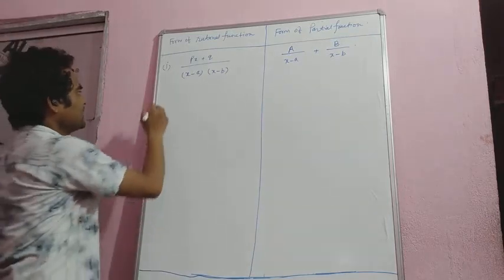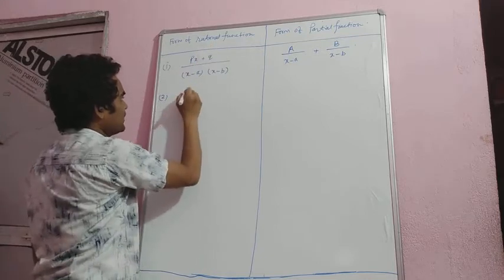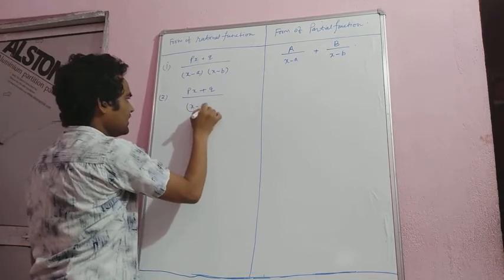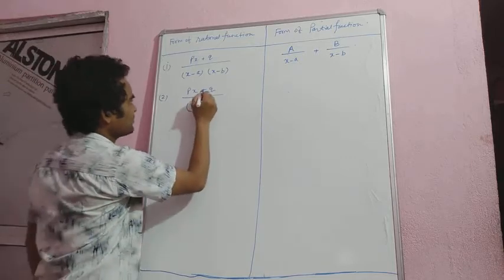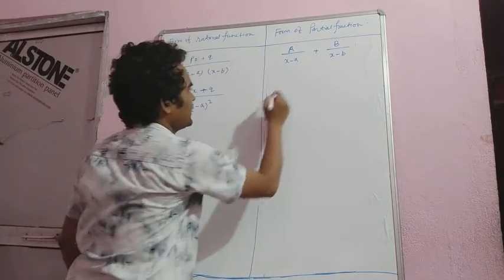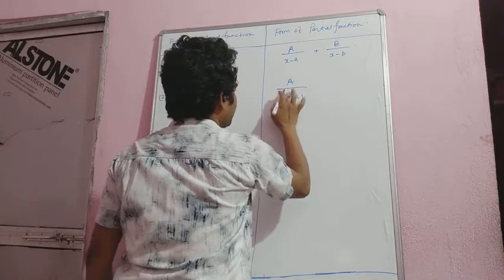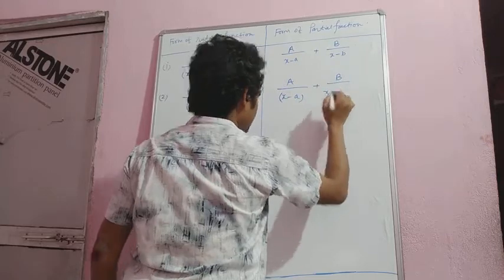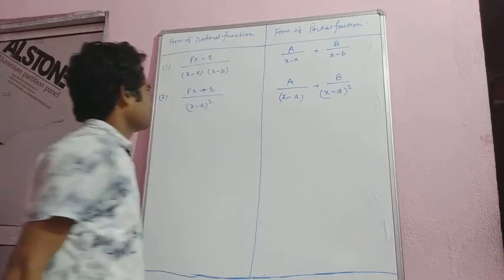Okay students, now the second form of rational function is px plus q upon (x minus a) whole square. For this, the partial fraction will be A upon x minus a plus B upon (x minus a) whole square.